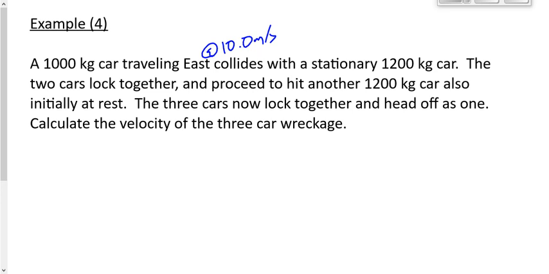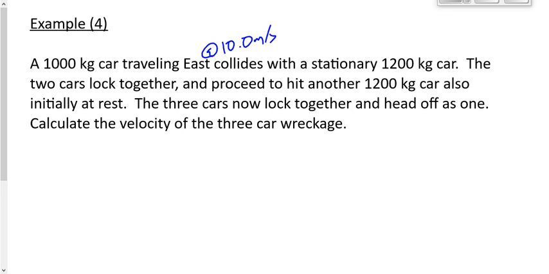What does stationary mean? Not moving, at rest, right? The two cars lock together, and then they hit another one, also at rest. Now you've got 3 cars that are locked together, and they head off as one. What's the final velocity of the 3 cars?